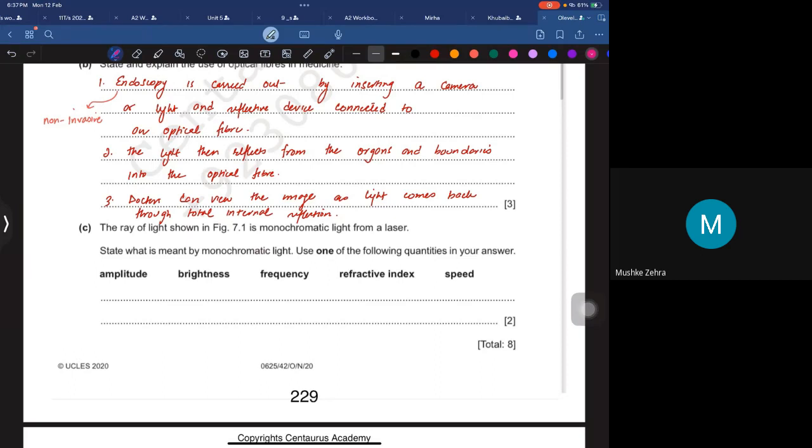But no, it's okay. So the light shown is monochromatic. Now I want to tell you what this word means. Mono means single. Chroma means color. So it means light of single frequency. This is what monochromatic means. So what would be the answer then?